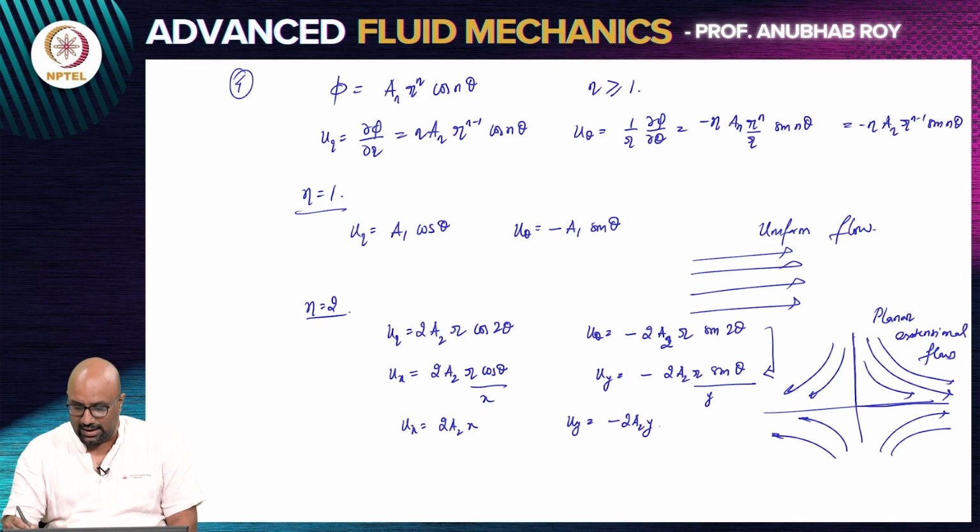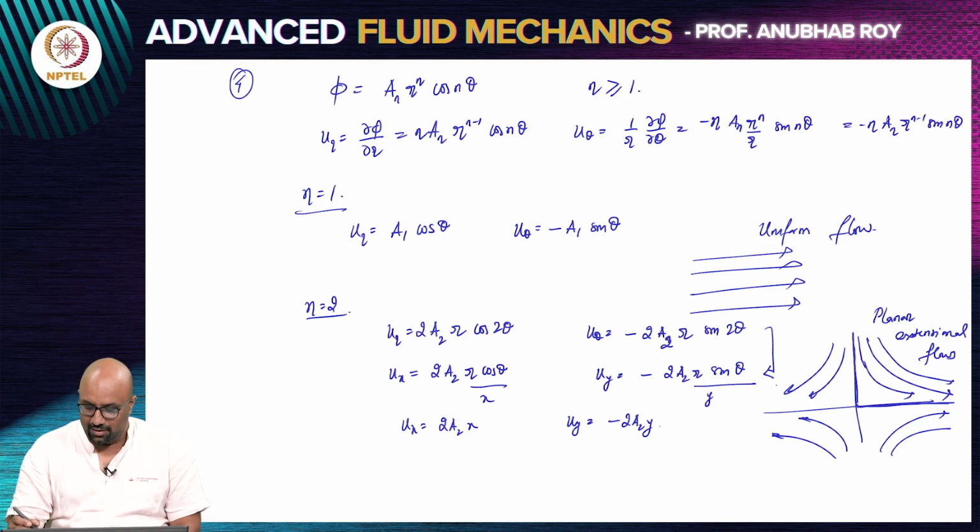So, you see here that when n is equal to 2, there are these two lines, the y axis and the x axis, which are your streamlines. We had mentioned this earlier, that the x and y axes are also streamlines in this problem. Now, if they are streamlines, it seems like there is a flow that is confined in the first quadrant.